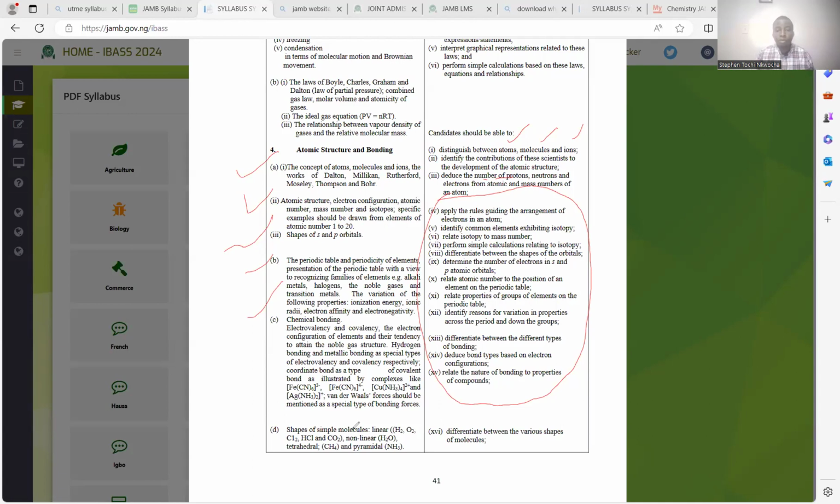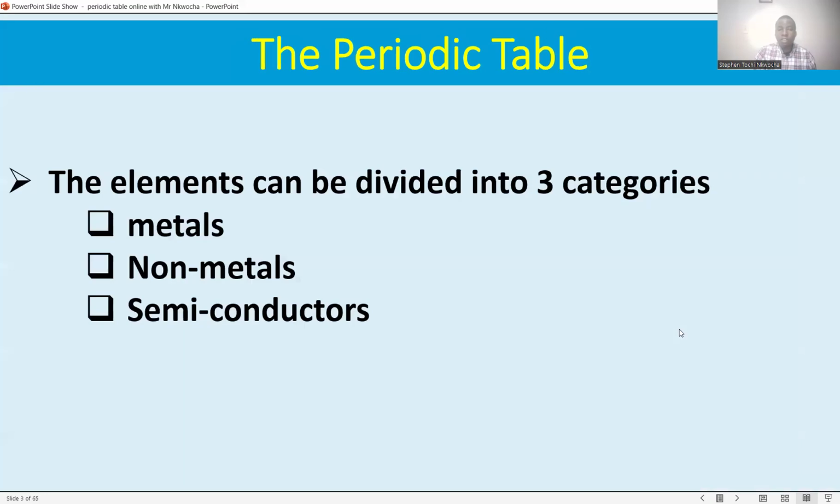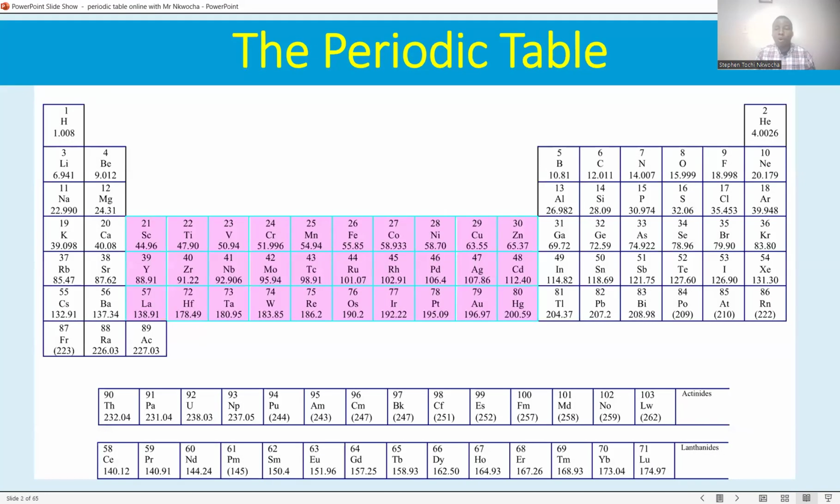So I'm going to go ahead and share my notes. Welcome to our periodic table class. This is a very, very simple thing. If you are writing WAEC, what you simply need to know is the first 20 elements in the periodic table. I'm going to share my own experience from when I was in high school.